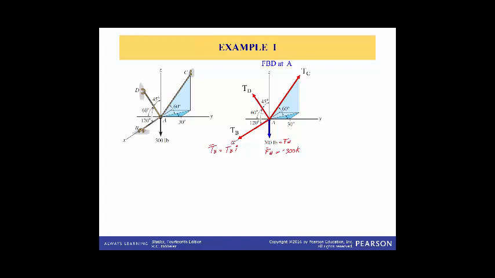So when I look at this angle here, maybe I can use a different color. I look at this angle here, and this angle is from the vector to the positive x.